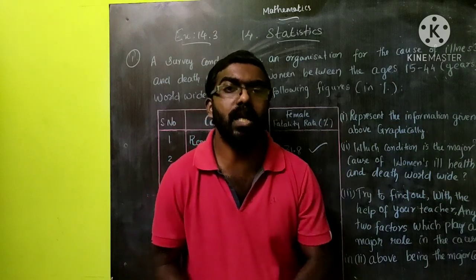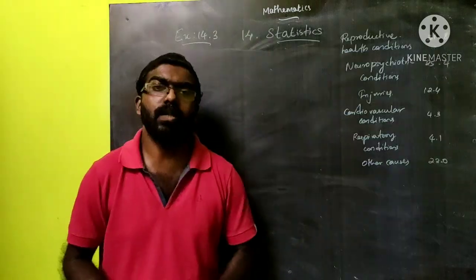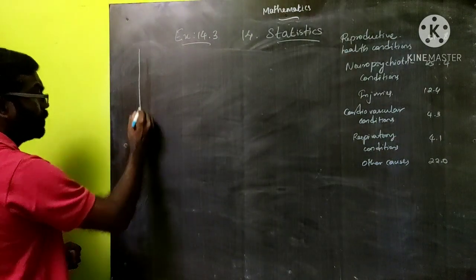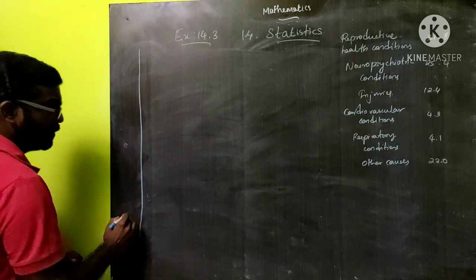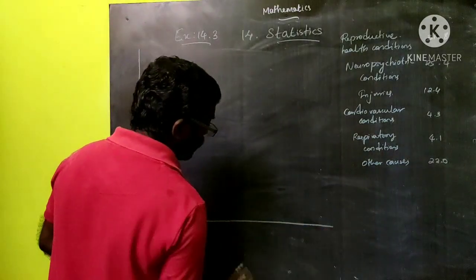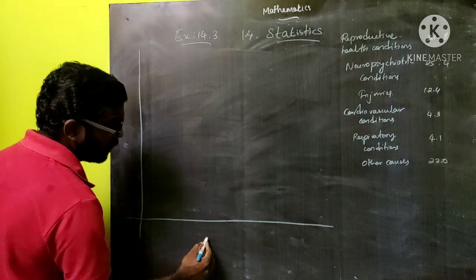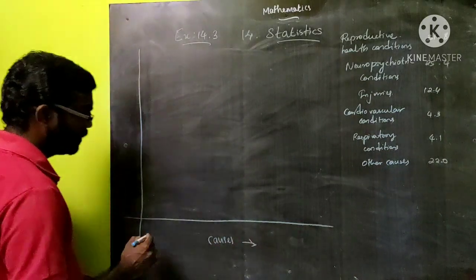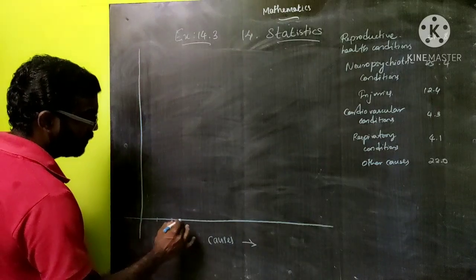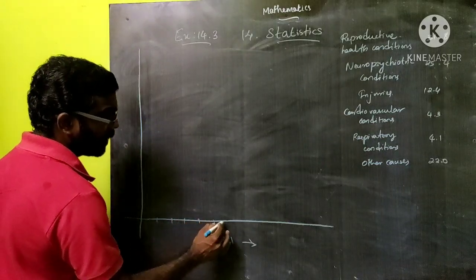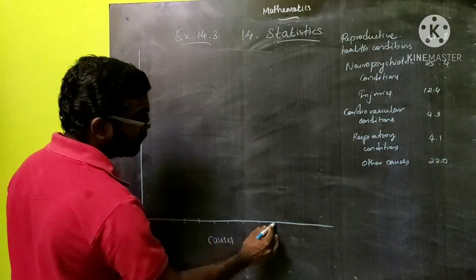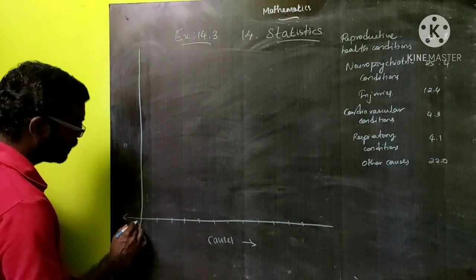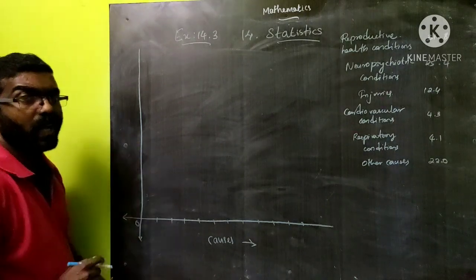Okay. Now we shall draw the bar graph. First of all we can draw the x-axis and y-axis. On the x-axis we can write the causes. You can draw it on the graph paper. Here we can mark the values.